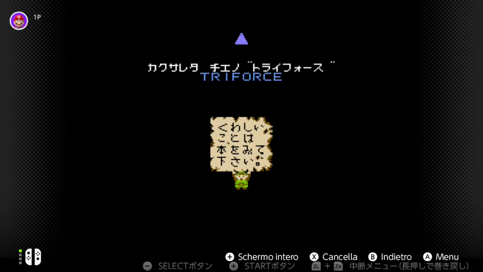So yes, then we have chie no. Chie means wisdom. Think it's accented on the first one, but we'll check. Nope, accented on the last one, so chie.